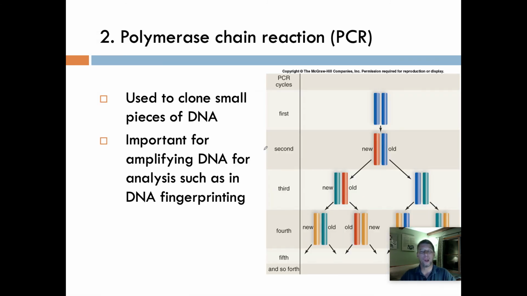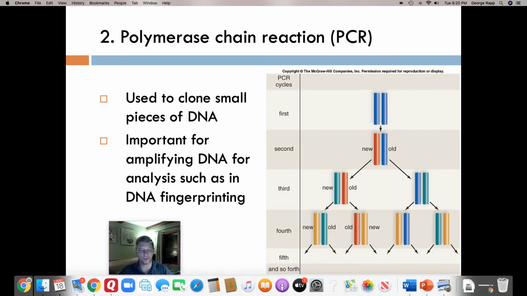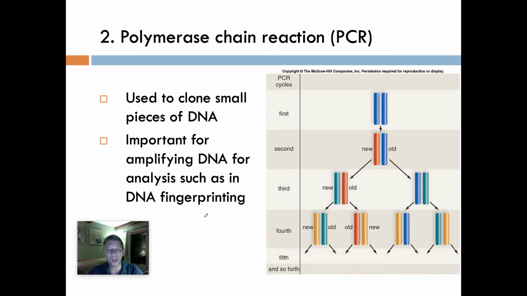Okay. Another thing that we can do, which is kind of interesting, is we can actually make copies of DNA molecules. And we do this by a process called PCR. Now, PCR stands for Polymerase Chain Reaction. And essentially, it's used to clone small pieces of DNA.